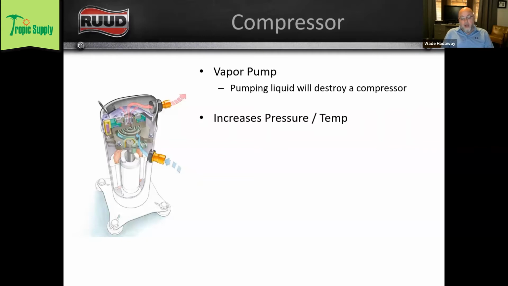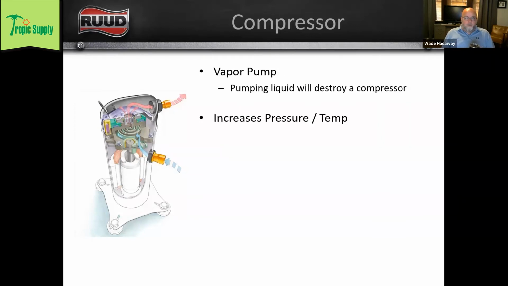If you've gone out and you've got systems that are on their second, third, fourth compressor in a short amount of time, there's a good chance that you're sending liquid back to the compressor. So the compressor is a vapor pump. Introducing liquid into that compressor will kill it.